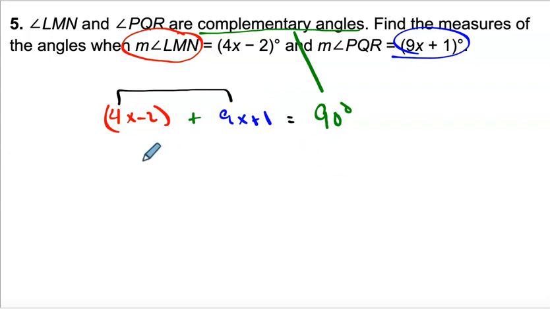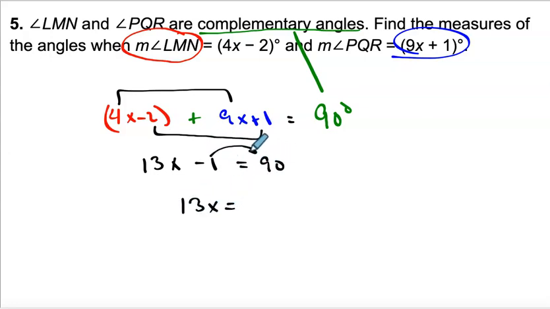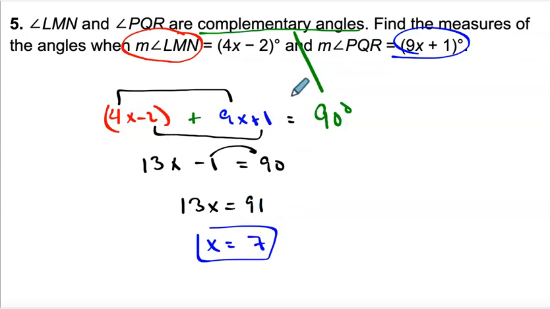Solve for x, combine like terms. 13x minus 1 equals 90. 13x equals 91 when you bring over the 1 here. And 13 goes into 91 7 times. Once you have the 7, please make sure you go back and identify the angles here.